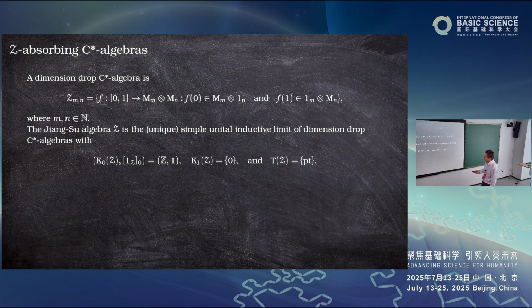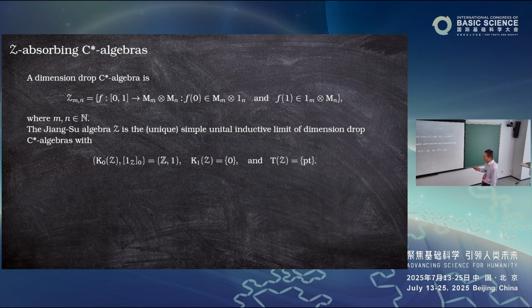Such that the Elliott invariant of the limit algebra is isomorphic to the Elliott invariant of the complex numbers. It means that the K0 group is exactly Z, and the class of the identity is exactly 1. And K1 is trivial, and it has a unique trace.